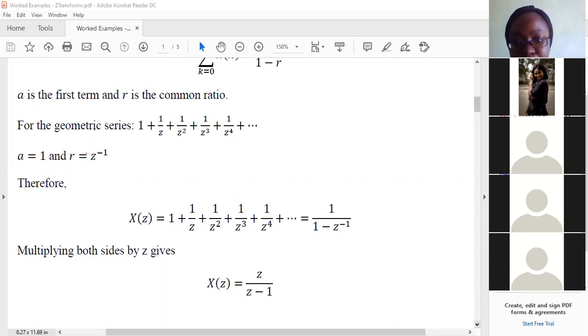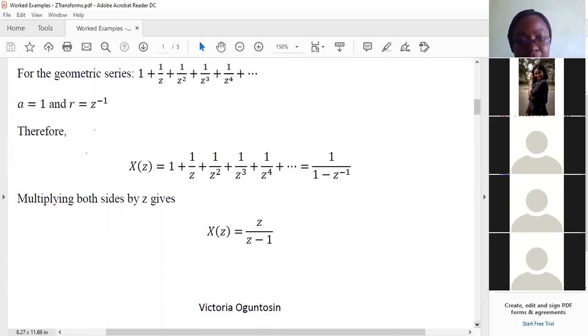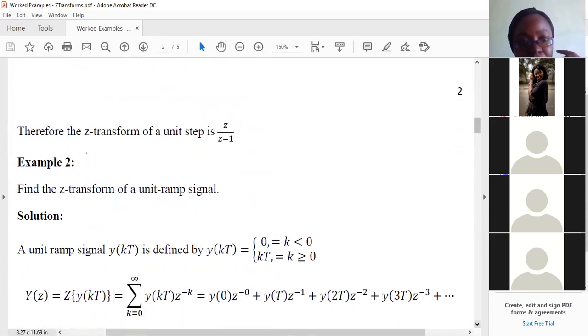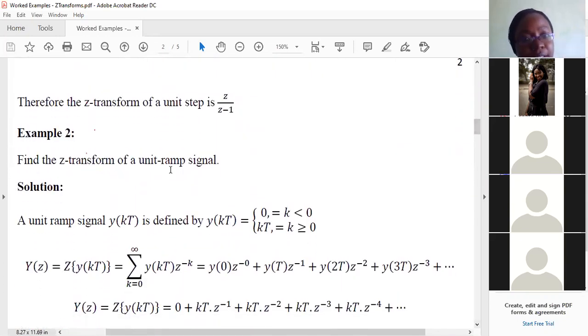So let's go to the second example. Let's just move on to the second example.